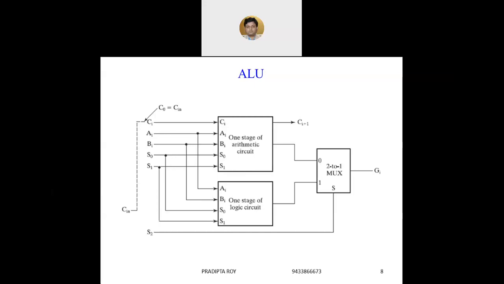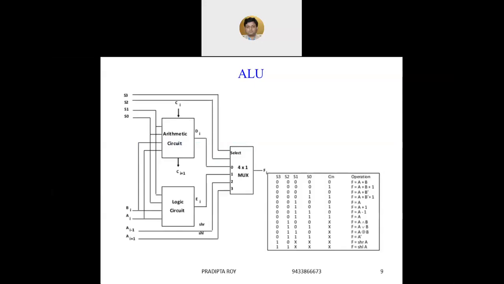So this is the block diagram of the complete ALU circuit. Here S1, S0 and S2, 3 select lines are used. Basically, the S2 select line determines what kind of operation will be performed, whether it is arithmetic or logic. For S2 equal to 0, all arithmetic operations will be performed. For S2 equal to 1, all logic operations will be performed. So in this way, the arithmetic circuit and logic circuit can be clubbed together to construct an ALU.